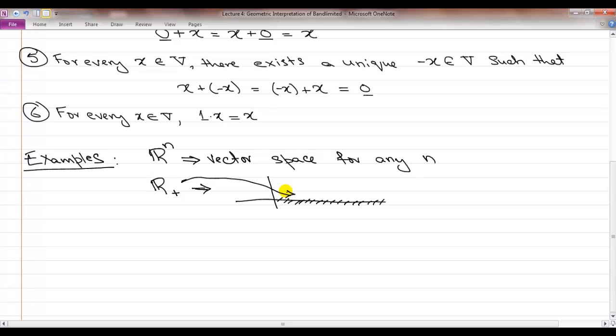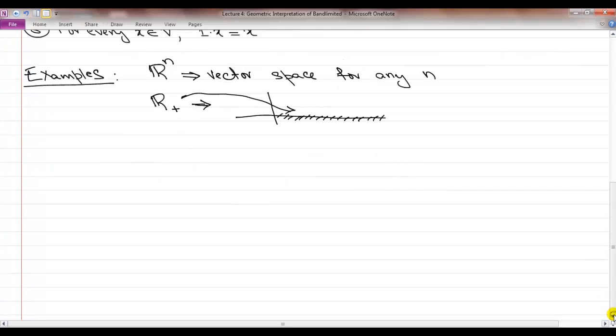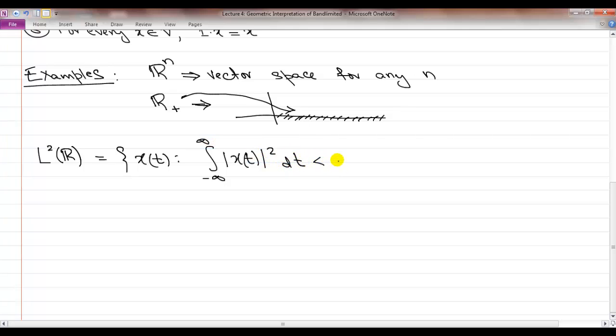So we have been studying, for example, this space called L2R, which is defined as the collection of all signals which have finite energy. Well, it turns out that this L2R is a vector space.